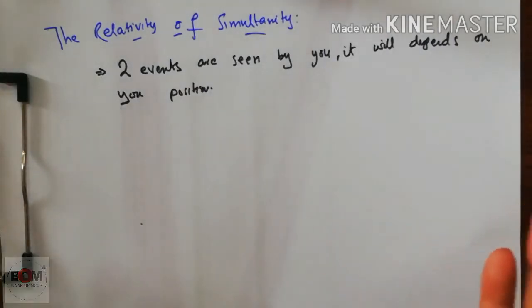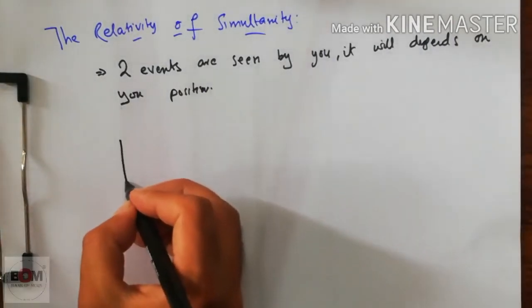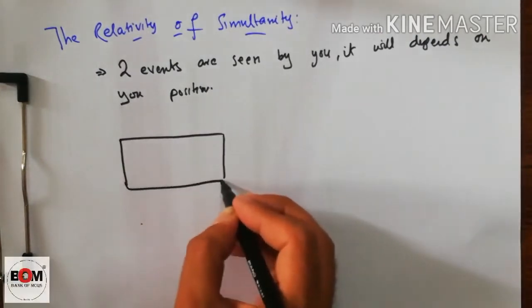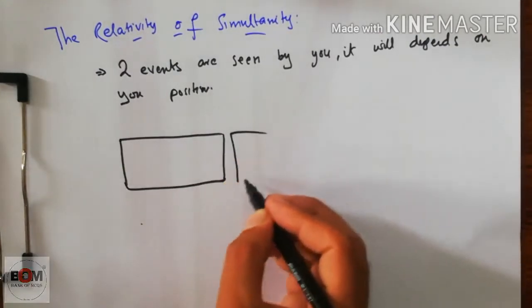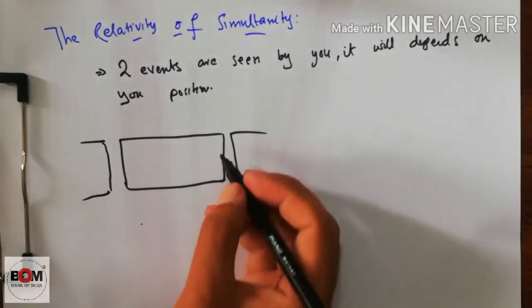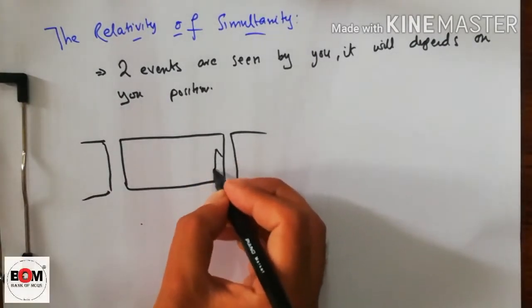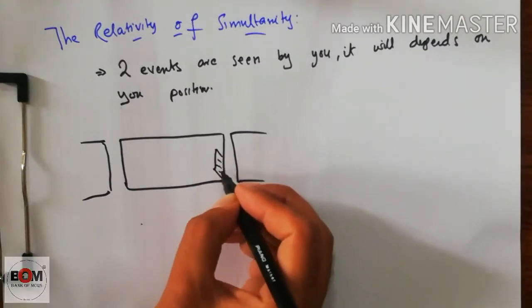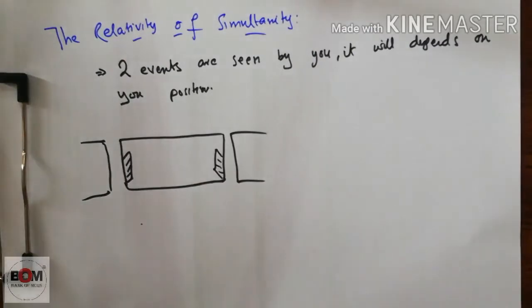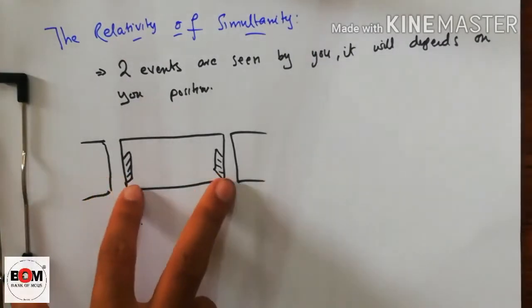We can explain it as, if this is a train, one room or one part of the train in which a door is present on both sides of the room. Now the doors are automatic.